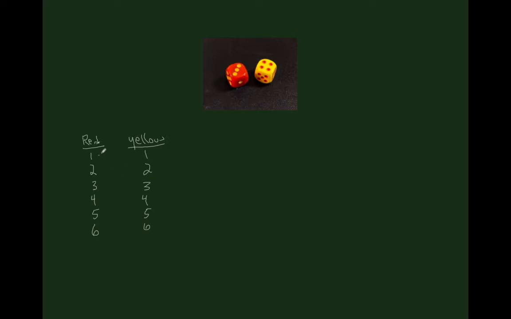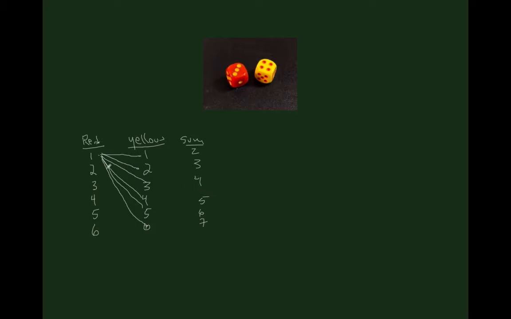Now, if we roll a 1 on the red, we could also roll a 1 on the yellow, or we could roll a 2, or a 3, a 4, a 5, or a 6. Notice here the sum would be, if it were a 1 and a 1, the sum would be 2, and here the sum would be 3, 4, 5, 6, and 7.